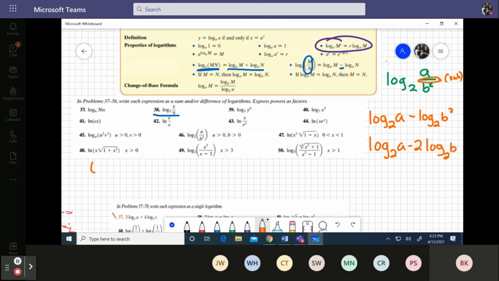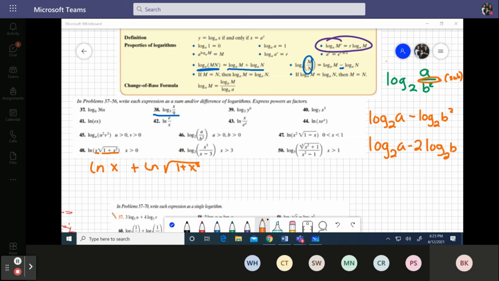48. I have the natural log of x times, so I'm going to break that down into an addition problem. I have that radical there.